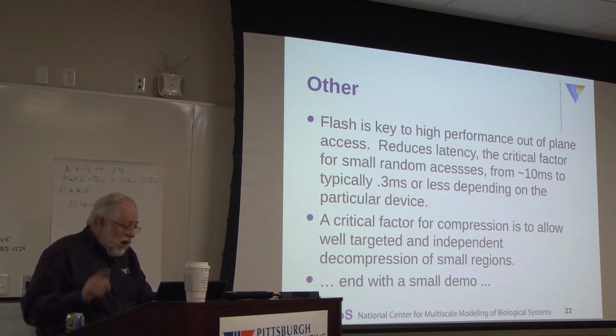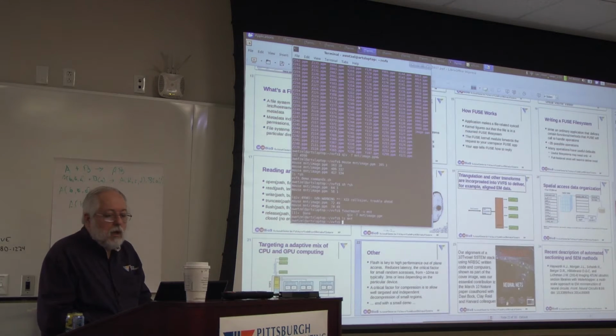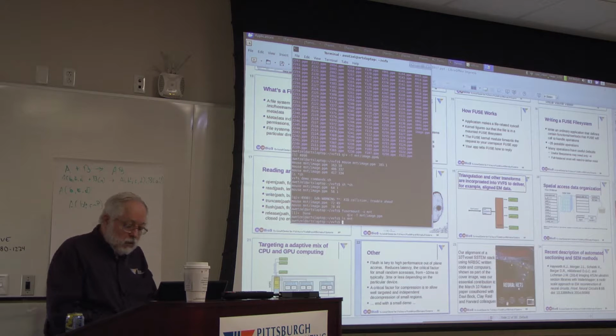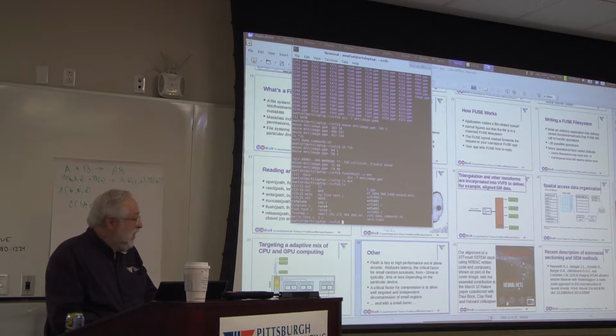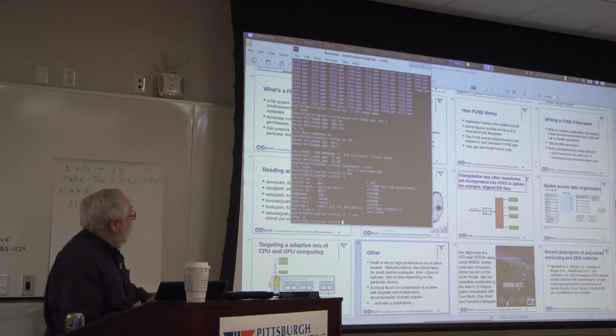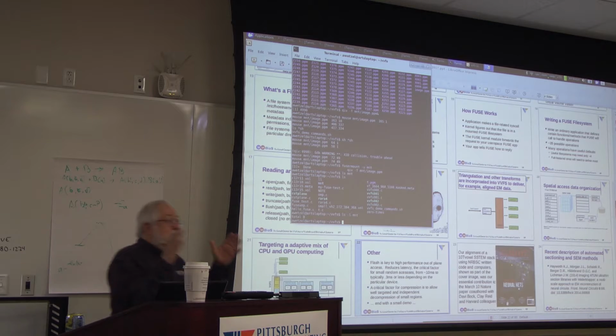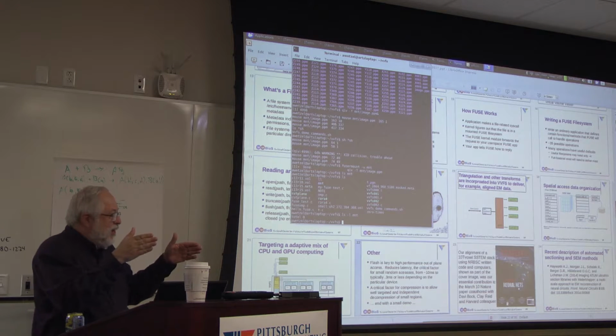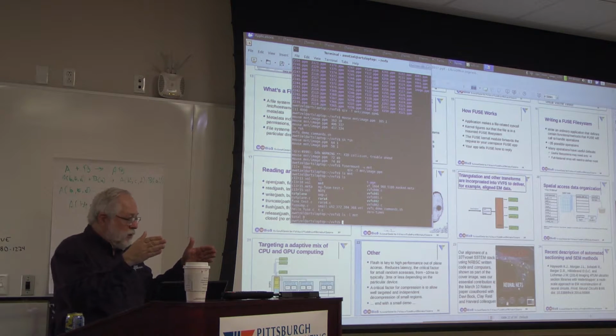So let me break out of here and just give you a trivial demo to get the idea a little bit better. I apologize, I don't know how to make the font bigger there. I'm just going to ls -l something called mnt. It's a directory that's just sitting here in this position.